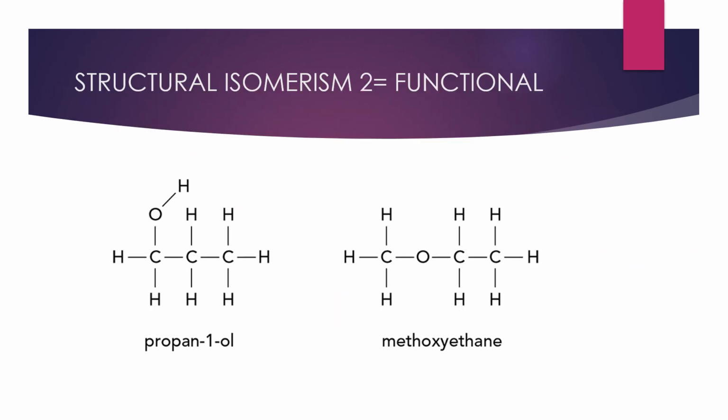The second type of structural isomerism is functional isomerism. For example, here we have a substance with 3 carbon atoms, and then functional group OH. So the group is alcohol or alkanol.